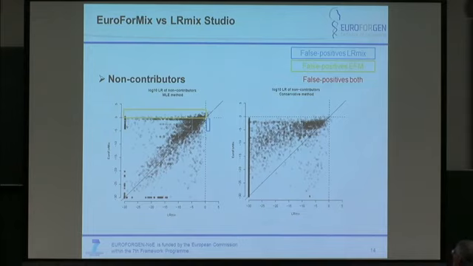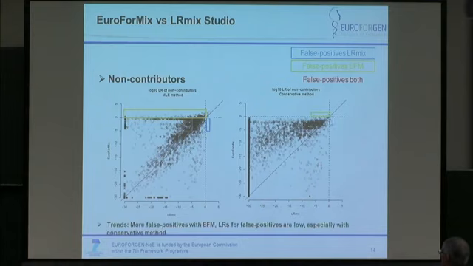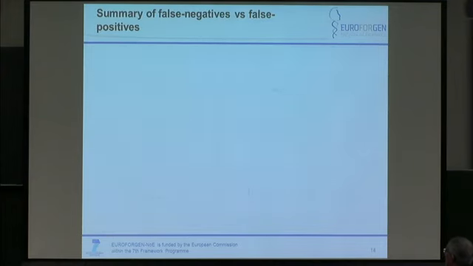And with the conservative method, all the data points are shifted downwards. So effectively using the conservative method reduces the number of false positives that we see with EFM. So the tendency is that EFM actually gives more false positives than the qualitative LR-Mix model, is the message there.